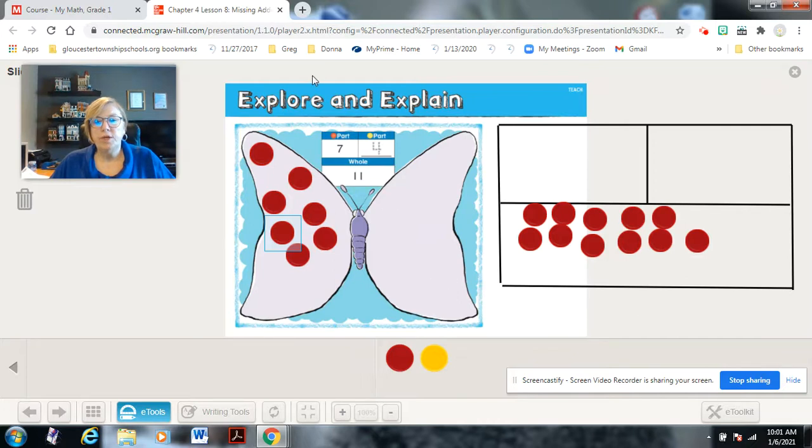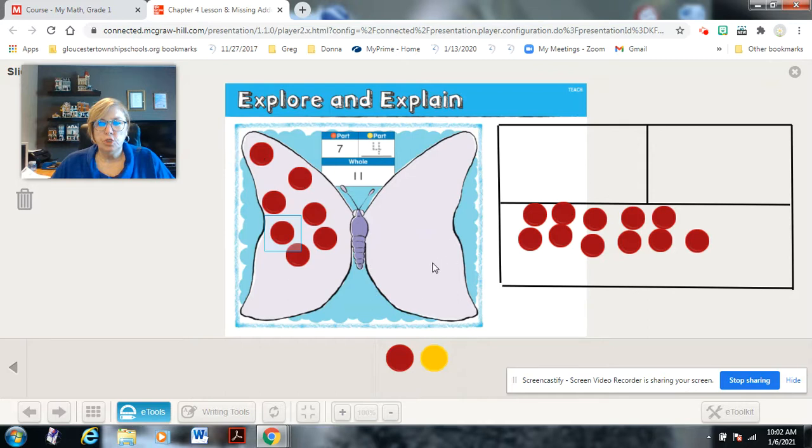Okay, so we know all together, and yes, I know they have the answer here, but I would really like to work this out so that we will be able to do that together in the rest of the lesson. We know that all together there are 11 dots on the butterfly. So we already know there are 7 here.